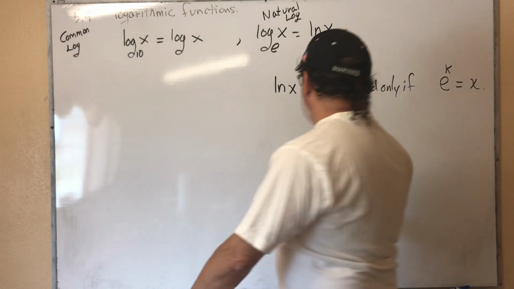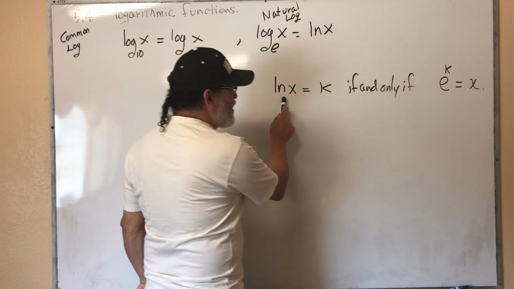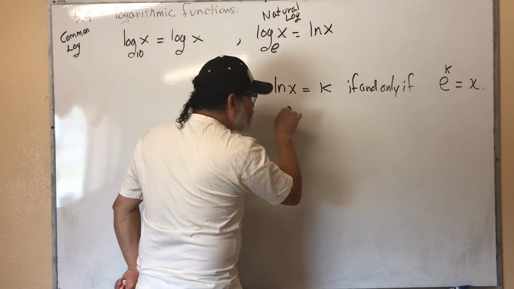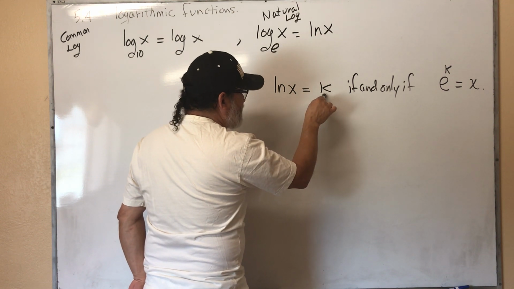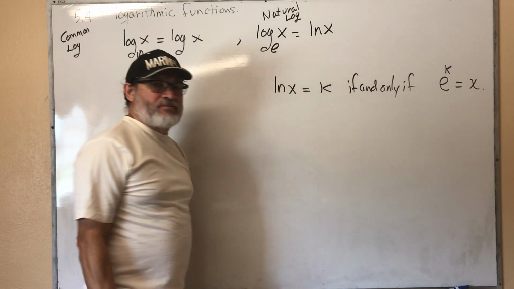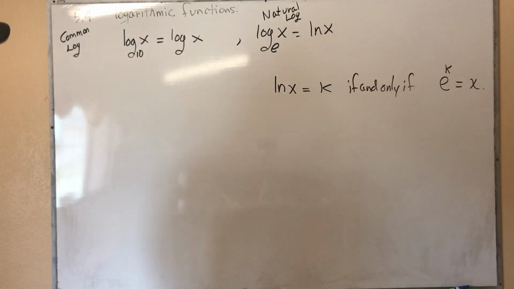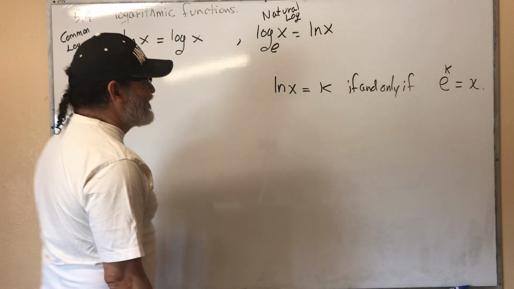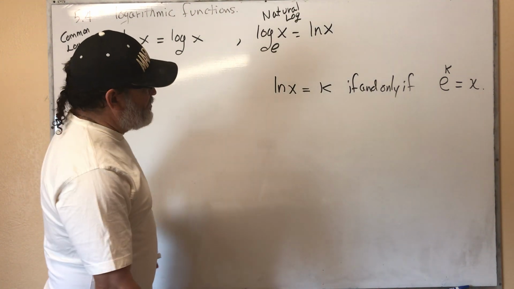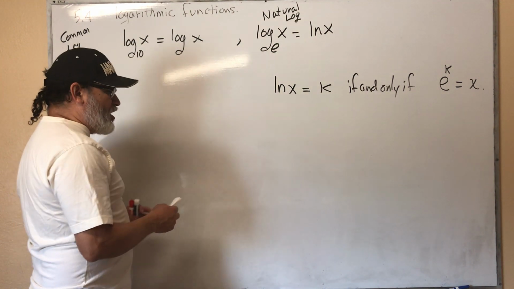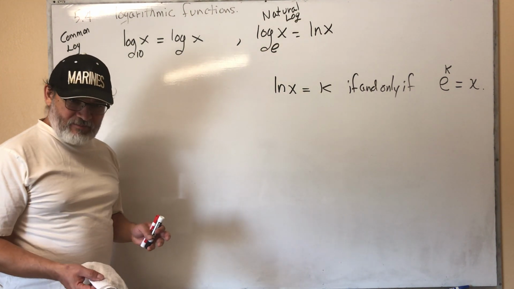Yeah, because this has base e. This e to this power, remember, this is a power, gives you the argument. Okay, very good. So we're making the connection between logarithms and exponentials.